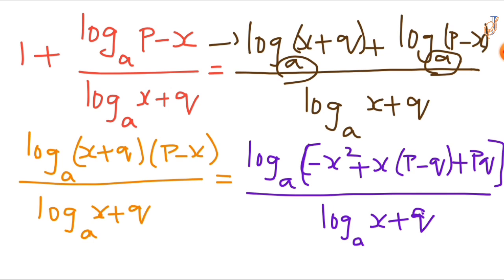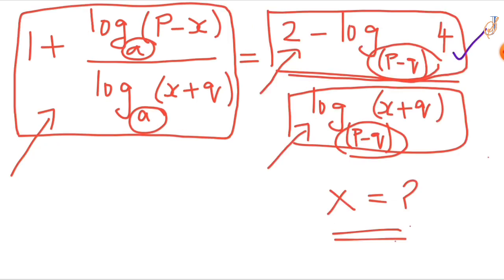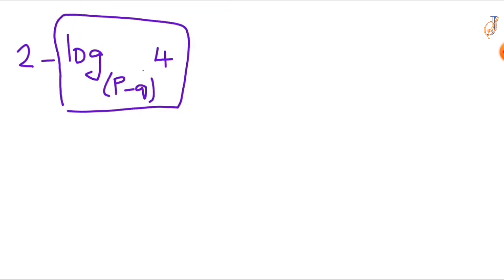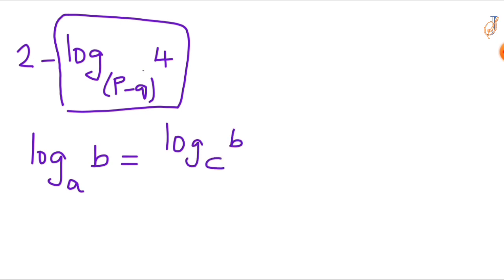Let's check the right hand side numerator term. We have 2 − log_{p−q} 4. First observe only the log_{p−q} 4 part. Here we can use a logarithm property: log_a b can be written as log_c b over log_c a, with another base.